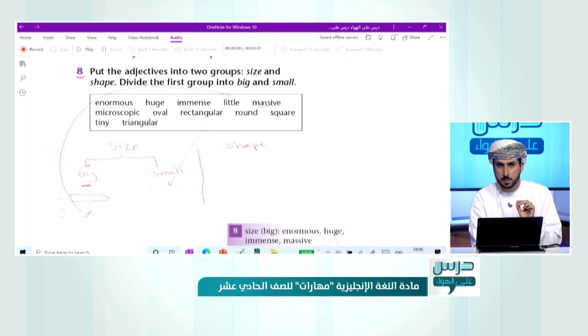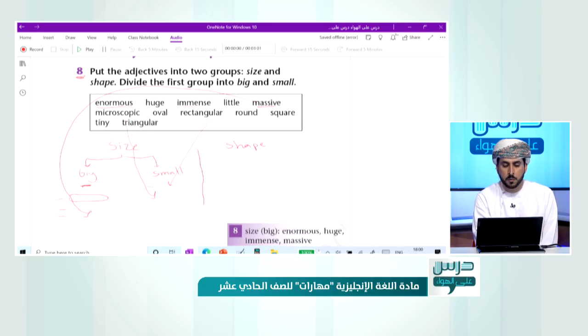Microscopic is very small, as I mentioned, and it's impossible to see using your eyes. So you need a microscope in order to see the creatures or things described as microscopic. So this is a size and it comes under small.